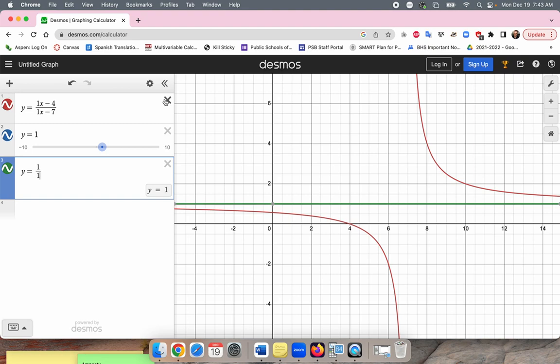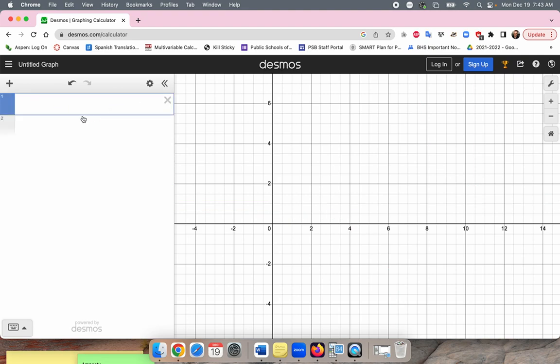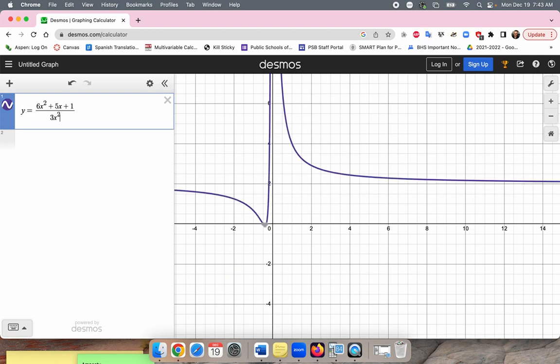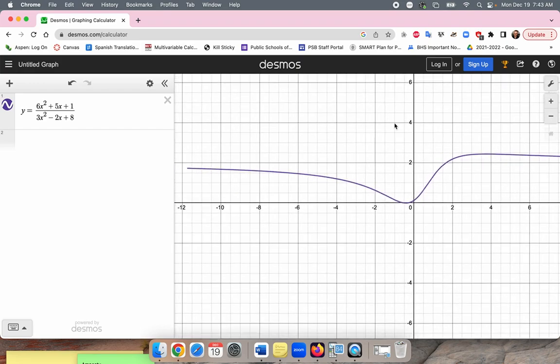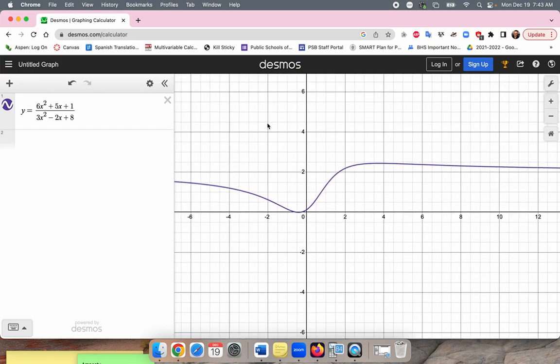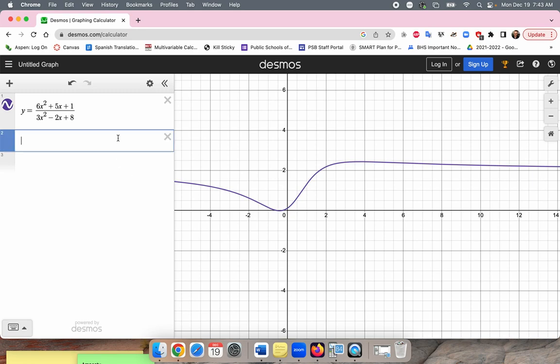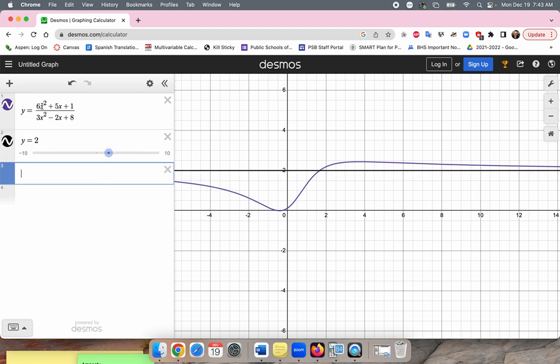To take another example, if I show you something like y equals 6x squared plus 5x plus 1 over 3x squared minus 2x plus 8, this has some kind of crazy graph. Interestingly, there don't seem to be any vertical asymptotes. I'll address that in a second. But there appears to be a horizontal asymptote at y equals 2, and the reason that's happening is that first of all, the numerator and denominator have the same degree.